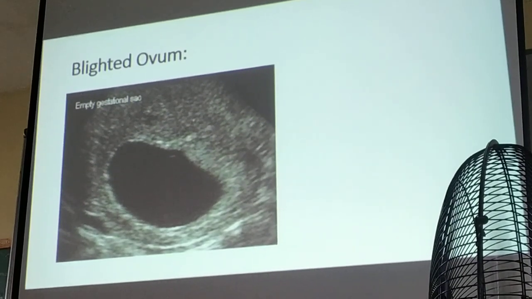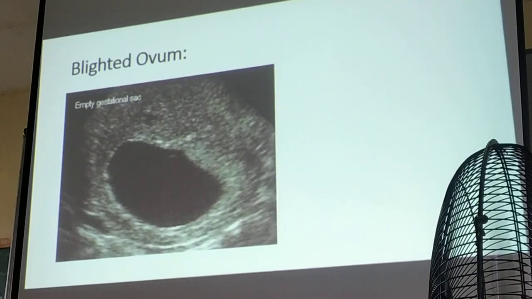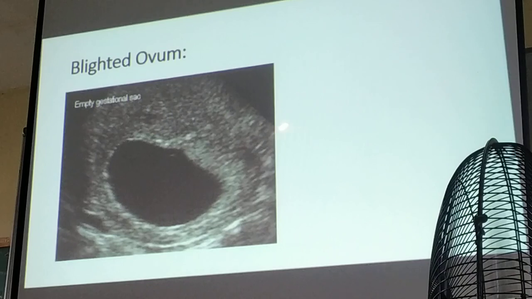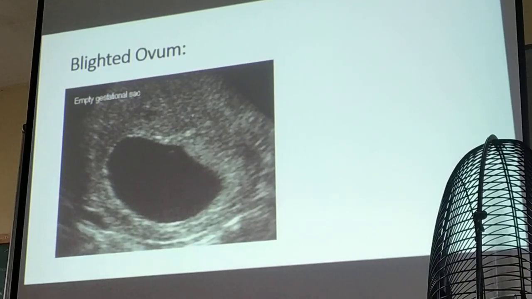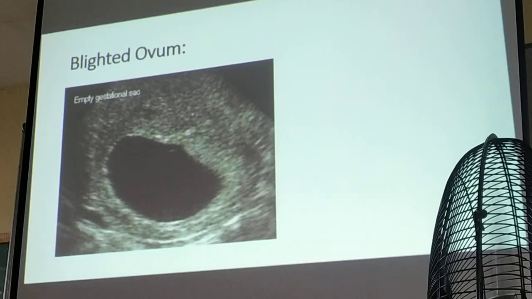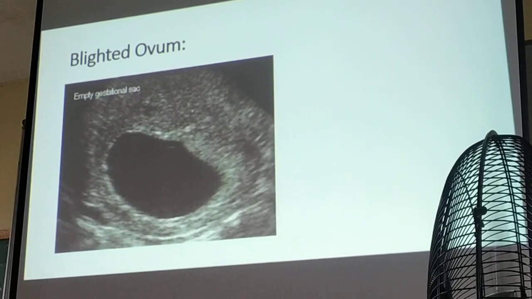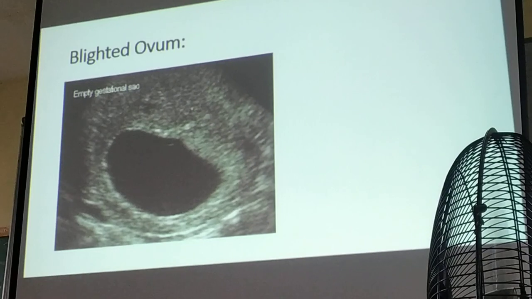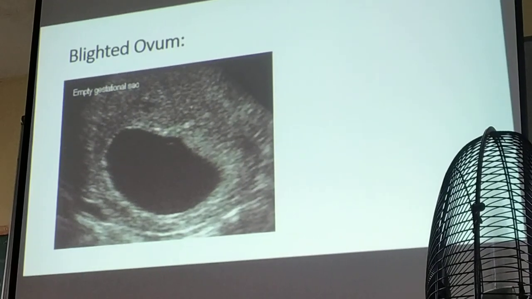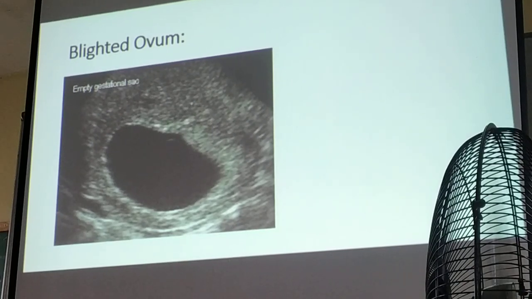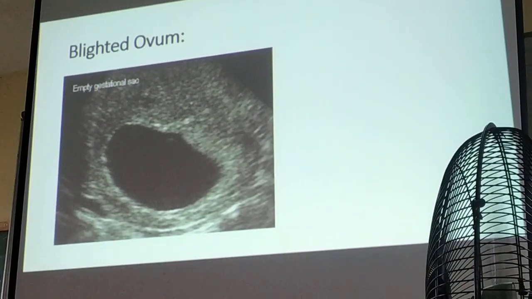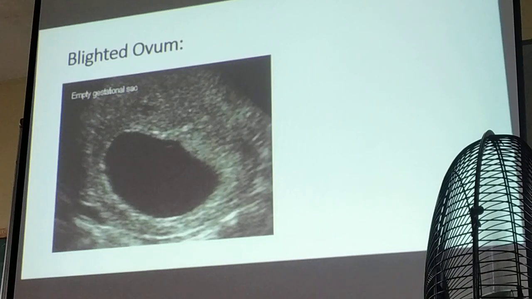Okay, this one is a blighted ovum. So, your clue here is the gestational sac is a little bit bigger at this point in time. So, you could consider blighted ovum something like 9 weeks to 12 weeks. Because 6 to 8, you should expect to have an embryo.